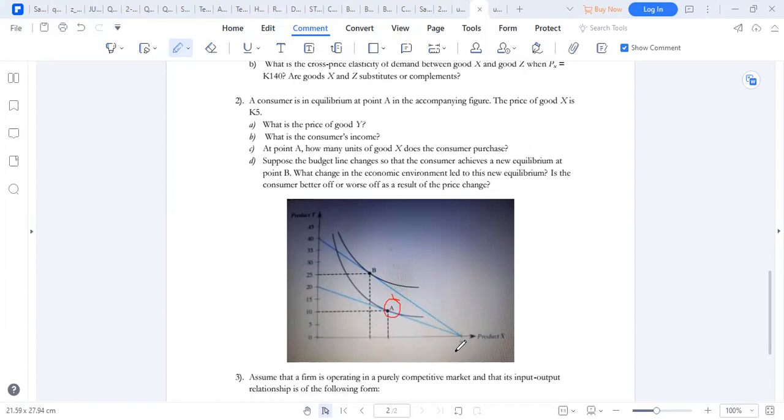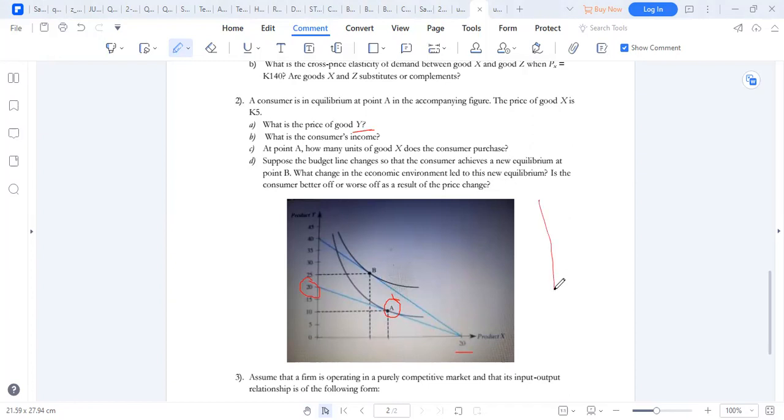Here there's 30. Here the number is 20. We are being asked to calculate the price of good Y, 5 marks.